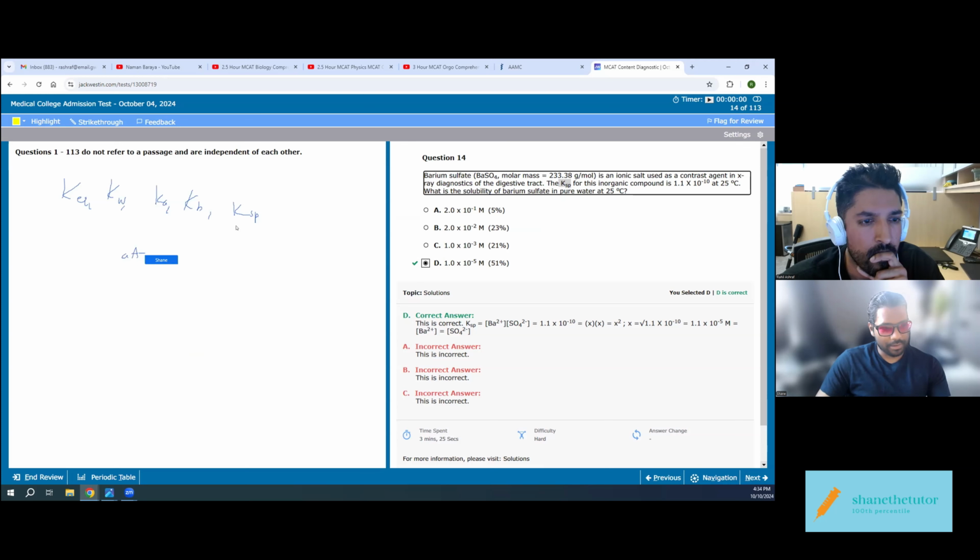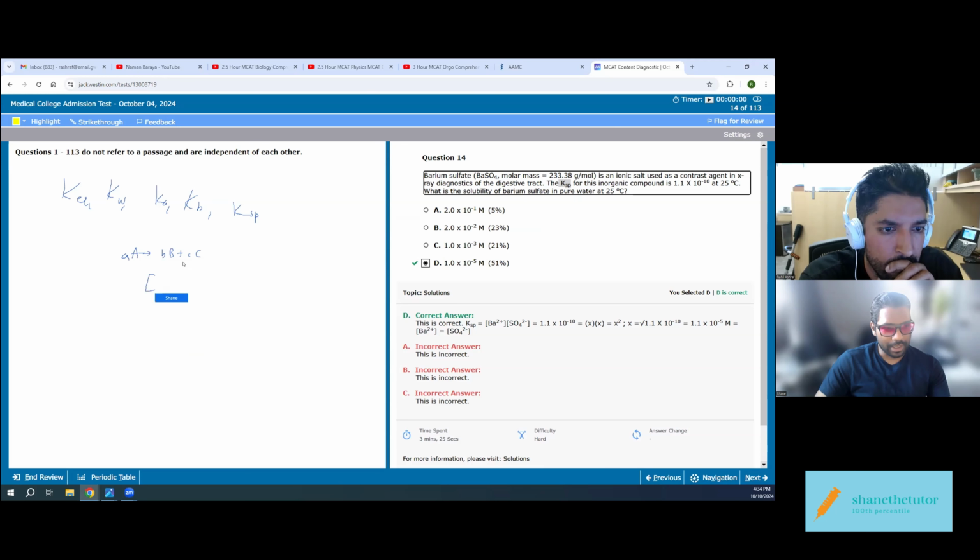If you had this reaction, let's say, with the capital letters being the identity of the molecule, and the lowercase ones are just their coefficients, then you would do product, so B to the lowercase b power, C to the c power, over A to the lowercase a power, right? I see. Okay. Does this make sense here?